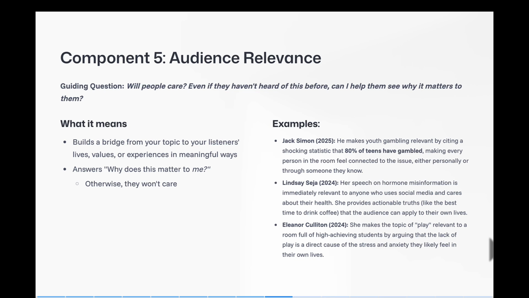Otherwise, they won't care. Now, I think a way around this is if you have a topic with a very high personal connection. So, for instance, Gavin Griffin giving a speech on biraciality, is everyone going to understand the experience of being biracial? Absolutely not. But is the personal connection there? And same with colorism in photography. Is the personal connection just so powerful that the audience can't help but be moved? Of course.